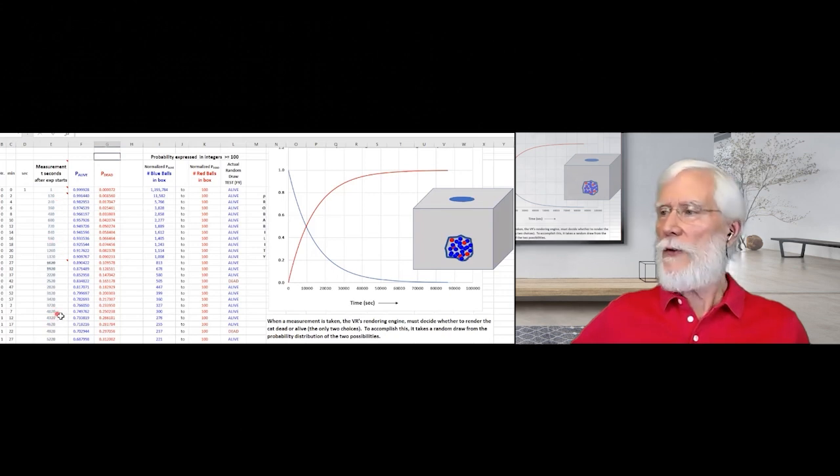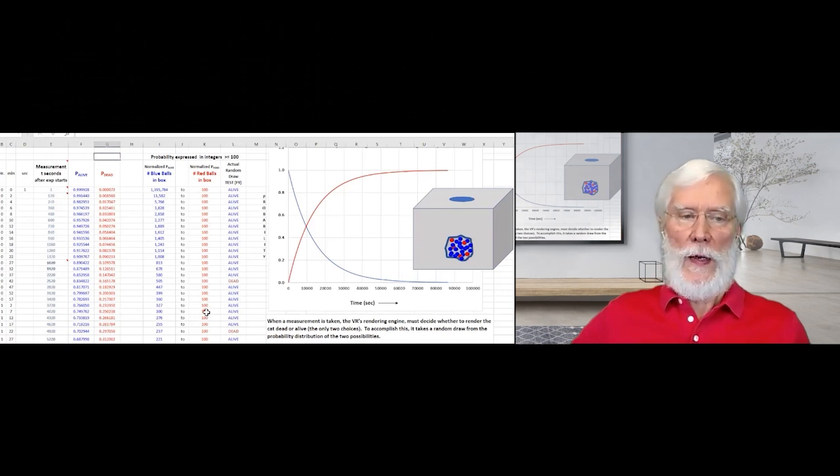Here, 4,020 seconds, which is 1 hour, 7 minutes. So in an hour and 7 minutes, I open up that door, and these are the probabilities now of finding the cat alive or dead, which translates into 300 blue balls and just 100 red balls.